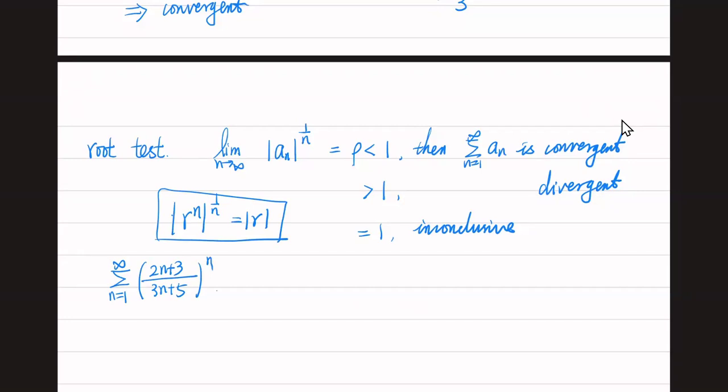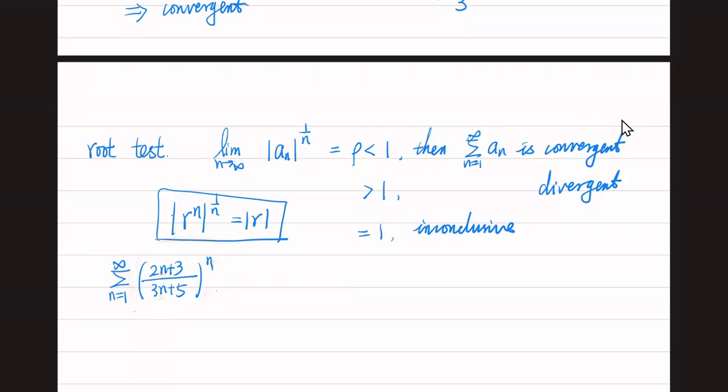Okay, a new series. How do we determine if it's convergent or divergent? If we try the ratio test, it's very complicated. Replace n by n plus 1, consider the 1 over a n, it can be done but complicated.